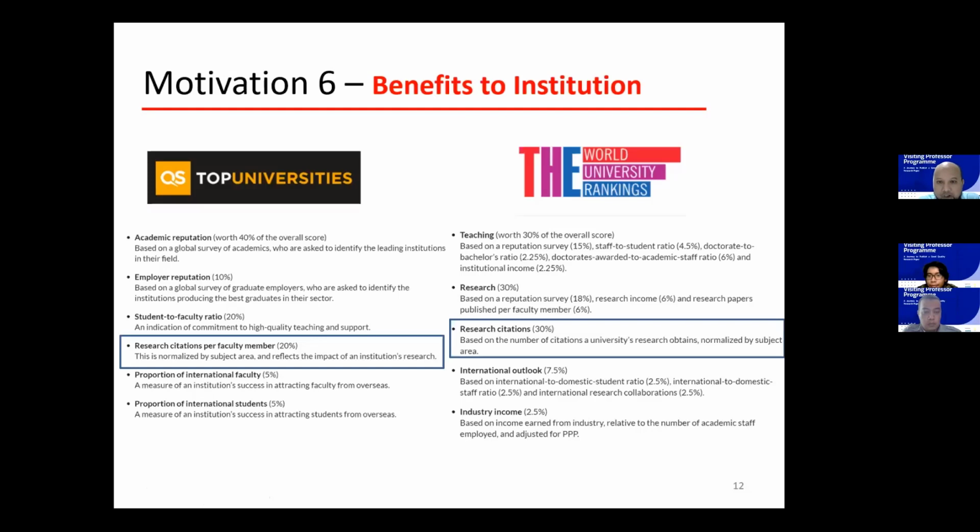When we publish, not only will you gain personal benefit, I mean your name becomes well known, but at the same time you are helping your institution to be recognized worldwide. Because you can see the factor that we consider in ranking, one of them is research citation per faculty member.